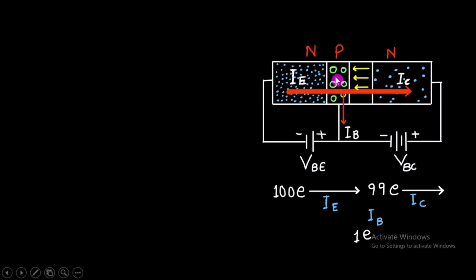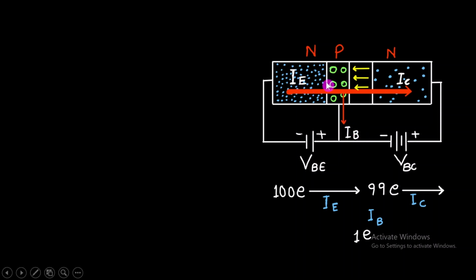The base is less doped and consists of fewer holes. The electrons recombine with the holes, and this process is called recombination. Due to this recombination the current IB is produced, which we call the base current. So some of the current IE is transferred to IB.